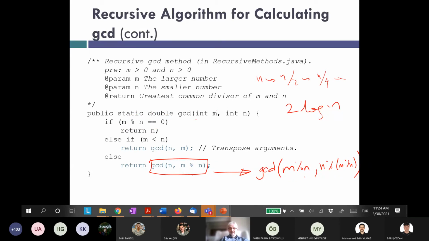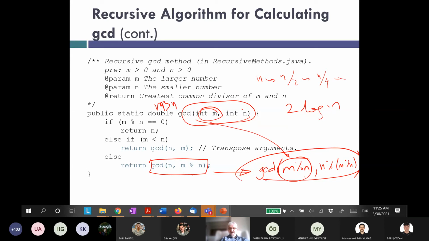And when you look at the size of this one and this one, of course, since m is larger than n, it reduces. But how much does it reduce? And we can make sure that this value is smaller than n over 2. So the second parameter reduces at least twice.